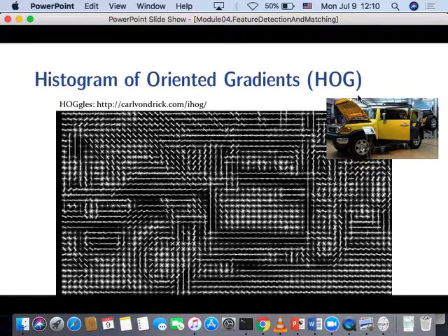Notice where you have plain areas like this door, you have a lot of orientations available, but the bottom of this door is strongly oriented in this direction, and you can make out the outline of the door or the hood. They're all pointed in that diagonal direction.